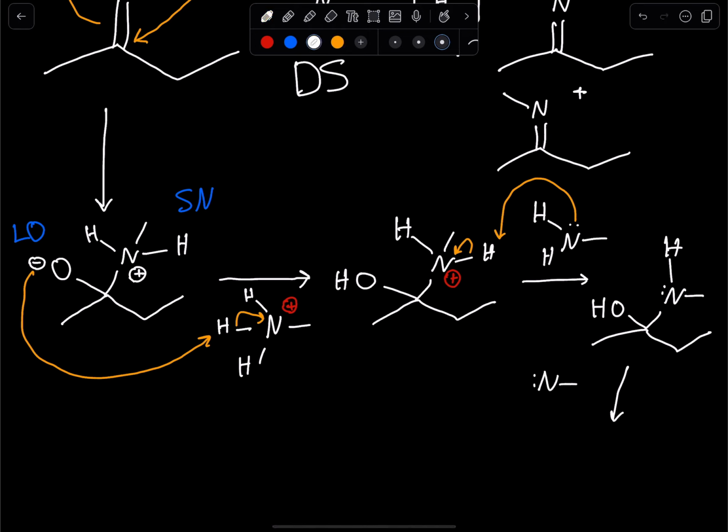So what we do is we take another protonated amine. A protonated amine wouldn't have a lone pair left. And we take electrons from the oxygen, use it to attack one of these hydrogens.